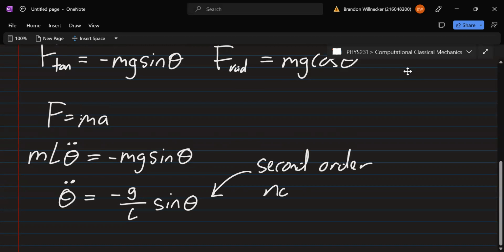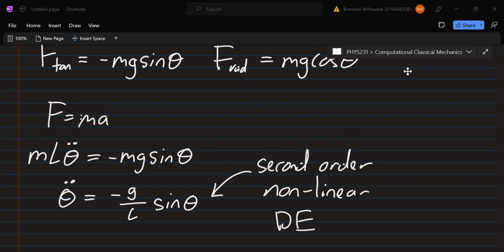Second order non-linear differential equation. Okay, so since it is second order, that makes things already difficult. Now we've got this non-linear term, which means we can't use those methods we looked at previously, because those were only for linear second order differential equations.